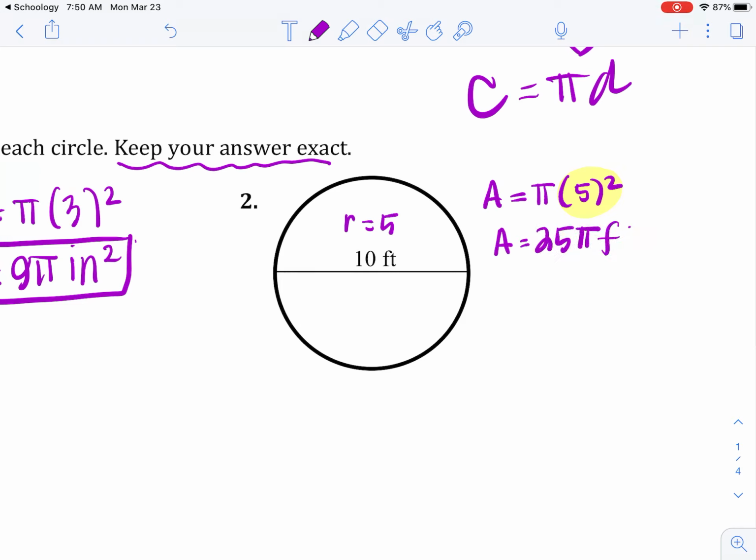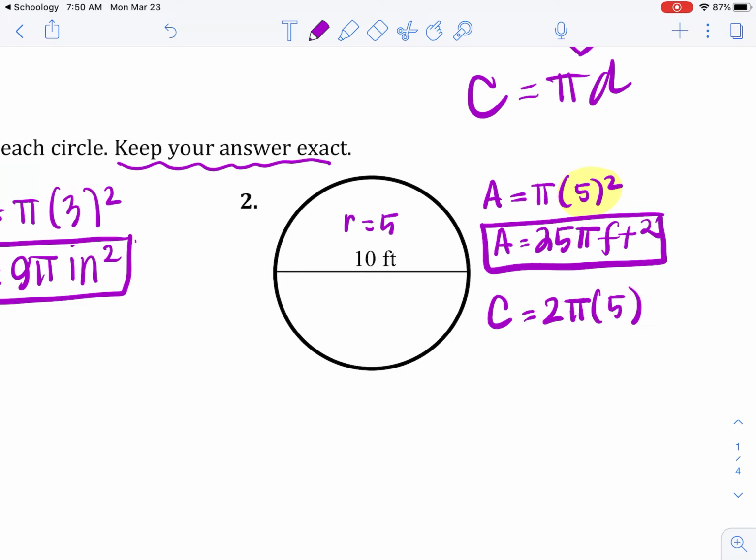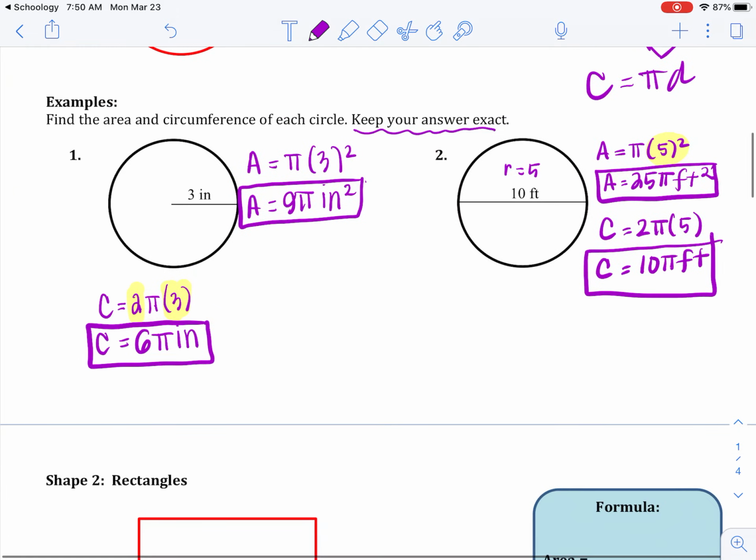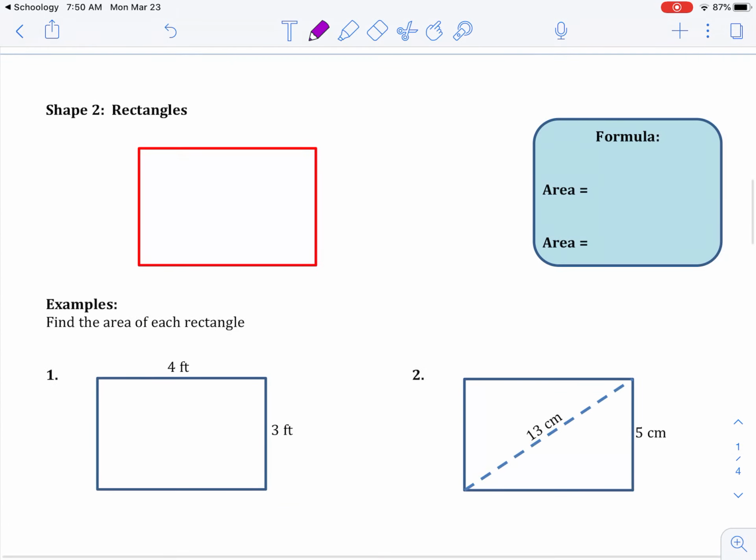So area equals 25 pi feet squared. And then my circumference. Circumference equals 2 times pi times my radius. Circumference is equal to 10 pi feet. Now, if you said to yourself, could I just use pi times diameter? Absolutely.